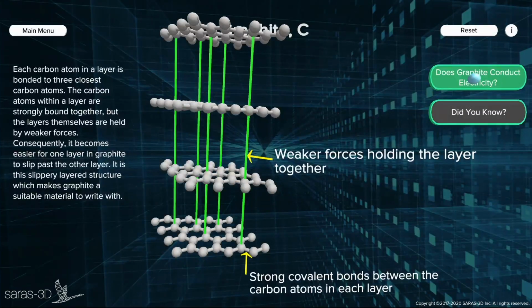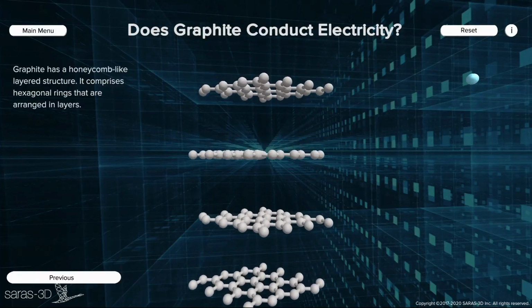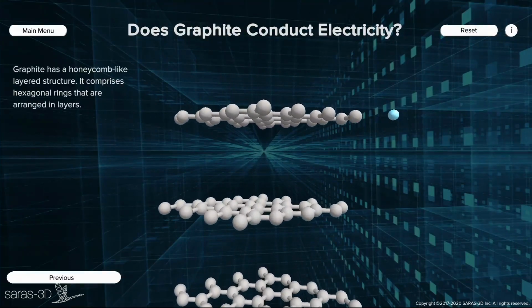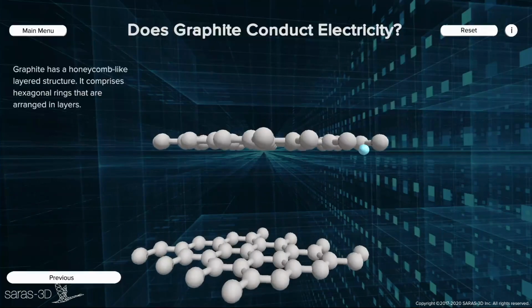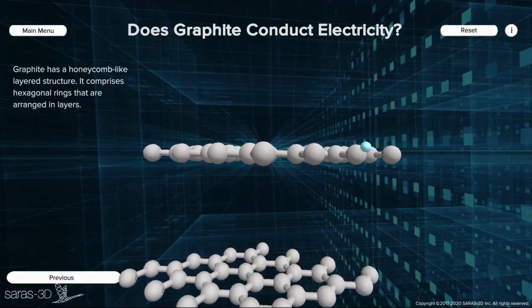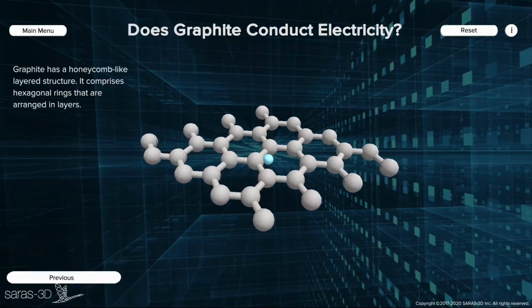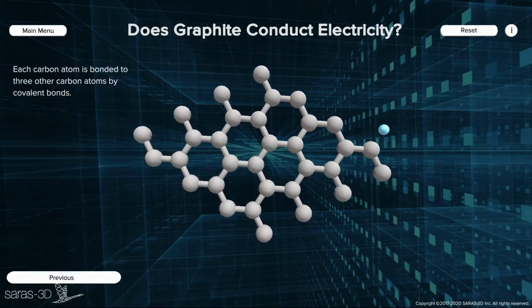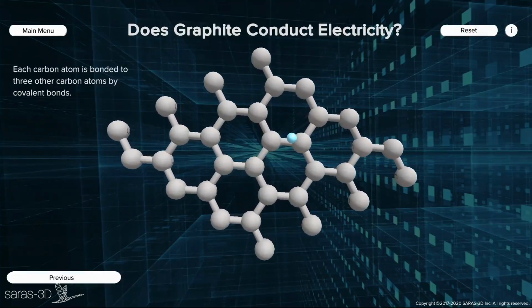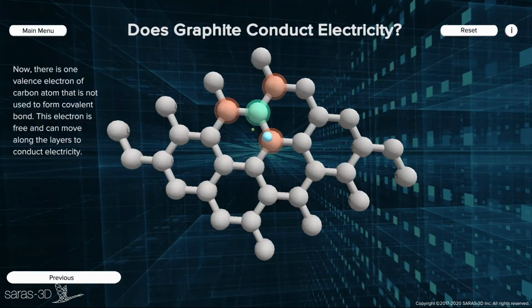Now let us find out whether graphite conducts electricity or not. We know that graphite has a honeycomb-like layered structure and it comprises hexagonal rings arranged in layers. Here we can see that each carbon atom is bonded to 3 other carbon atoms covalently. Now there is one valence electron of the carbon atom that is free, right?